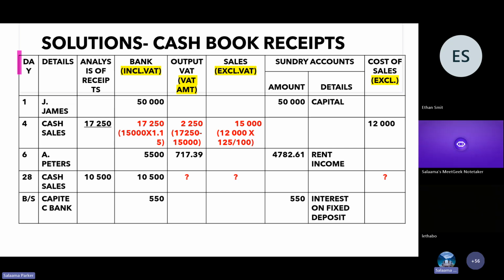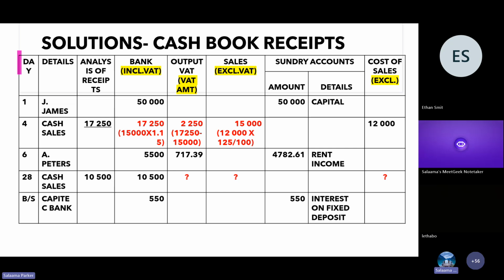I need you to give me the answer for the transaction on the 28th for cash sales. I have given you the answer for the interest on the fixed deposit. We know that it is an exempt supply, so there is no VAT. It goes straight from the bank into sundry accounts.